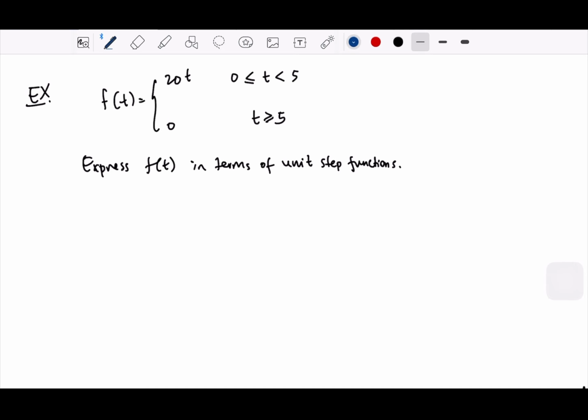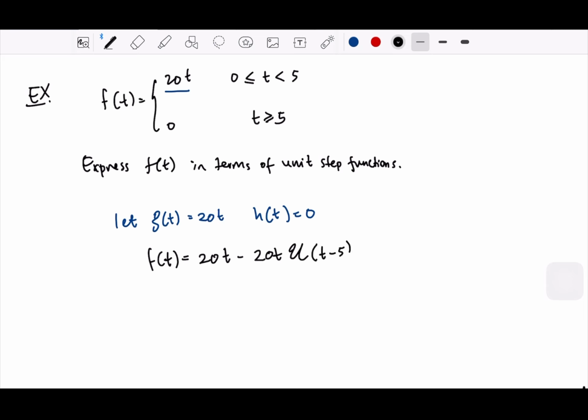We take this 20t as our g. Suppose g of t is equal to 20t and h of t is 0, right? So what we could have for f of t, as we mentioned in the previous slide, is g of t minus g of t times the unit step function t minus 5.